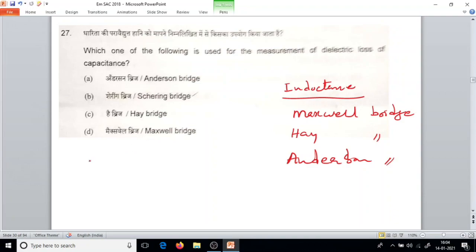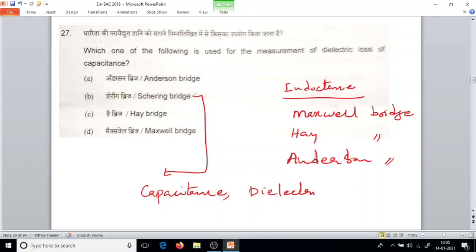But this Schering bridge is used to measure capacitance as well as dielectric loss or loss factor.